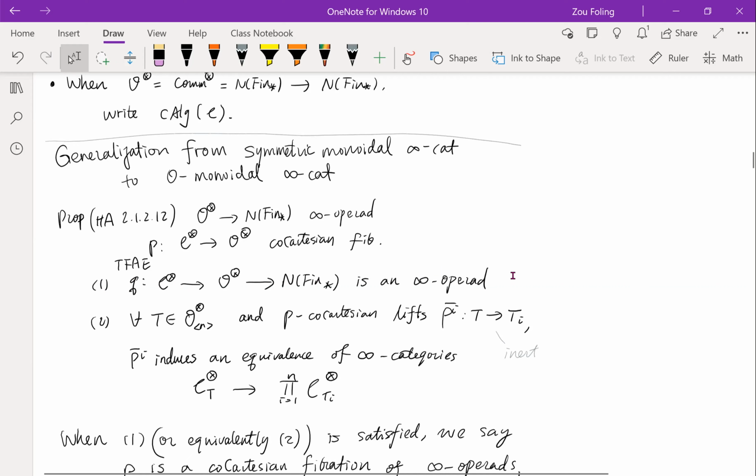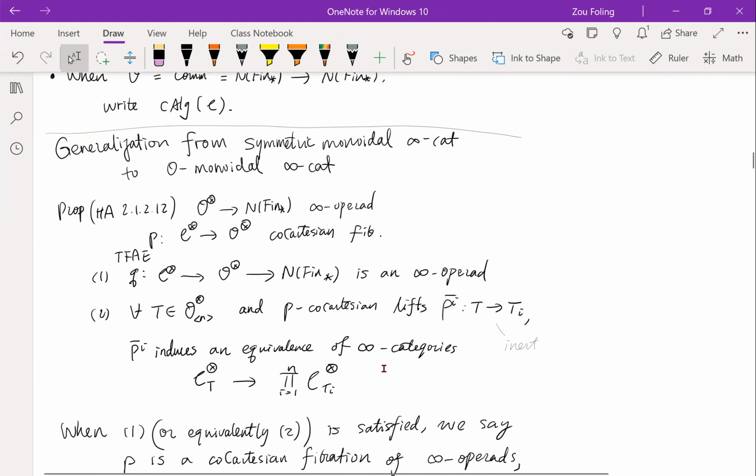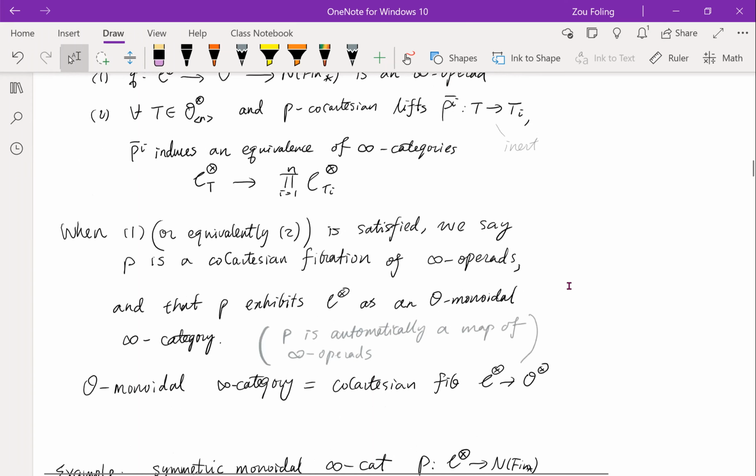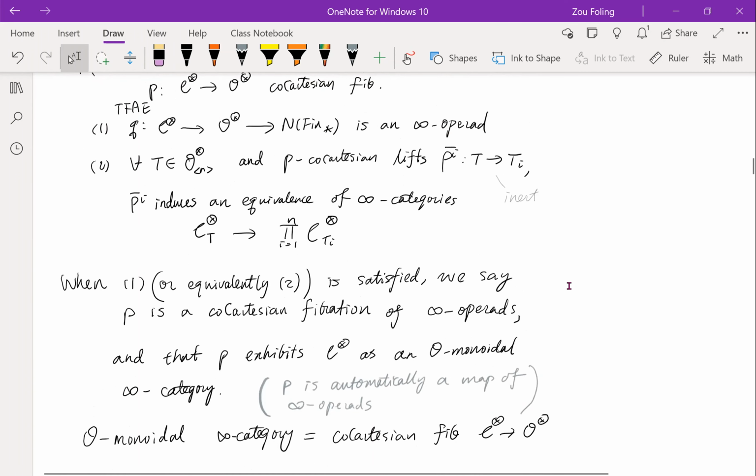So an infinity operad has 1, 2, 3. 1 is the relaxation of co-Cartesian fibration, and number 3 is the Siegel condition. But there's also number 2. Oh, right. Okay, so it's more subtle than that. Yeah, but they are equivalent. So in the end, it has the Siegel condition. Yeah, they did assume C to O is a co-Cartesian fibration, so maybe that's something. Thanks. Yeah.